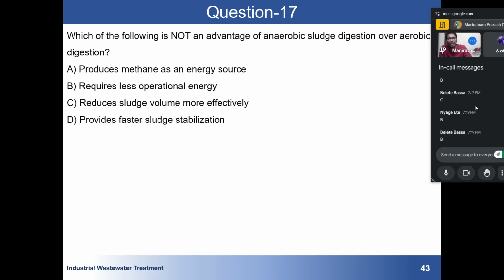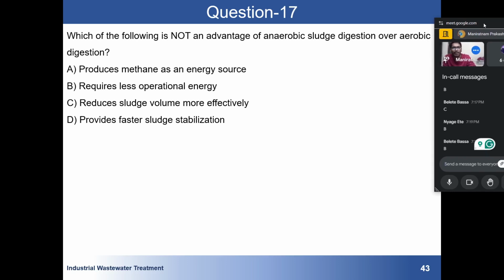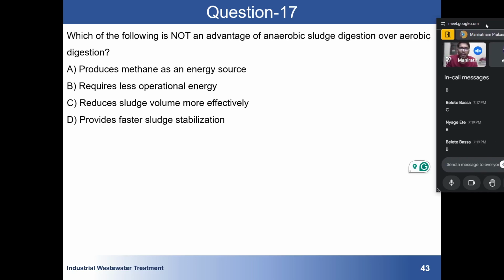Question number 17. Which of the following is not, remember, not an advantage of anaerobic sludge digestion over aerobic digestion? You have the question.